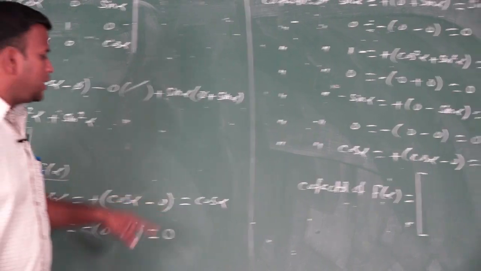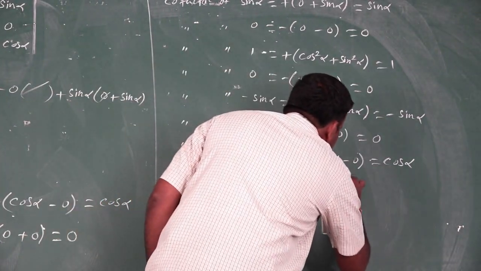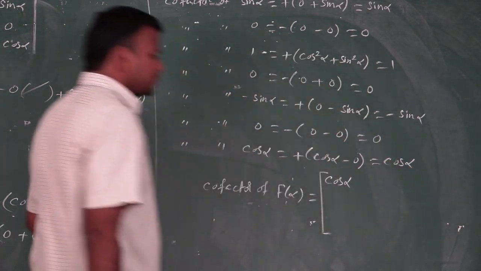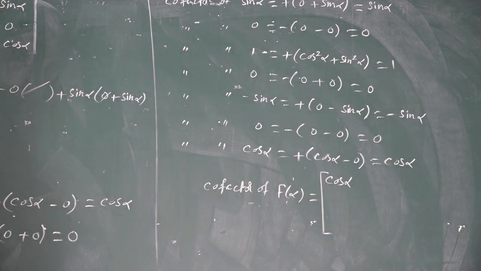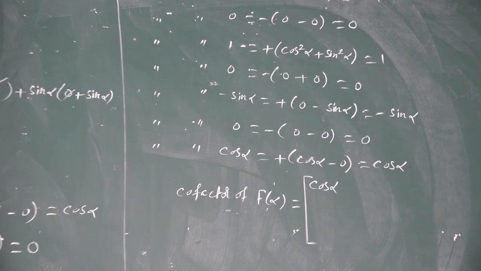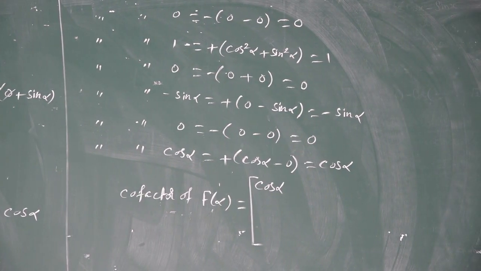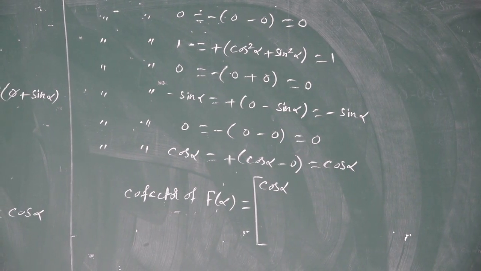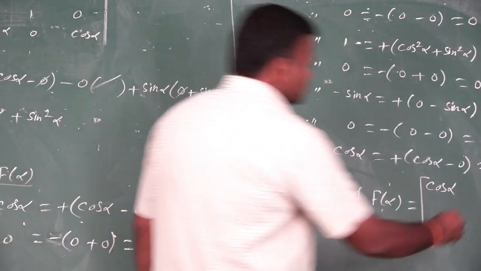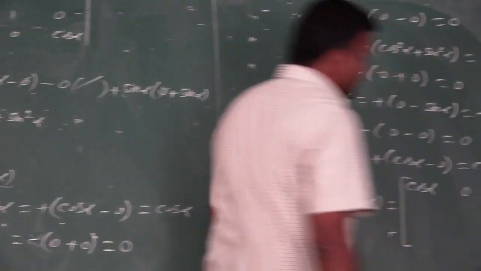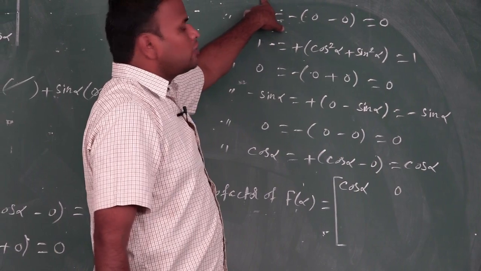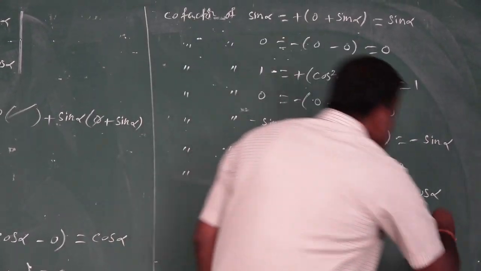So we write cos alpha. Next, the cofactor of the next element A12. That value is 0, again 0. Next, the cofactor of the next element sin alpha, that value is also sin alpha.